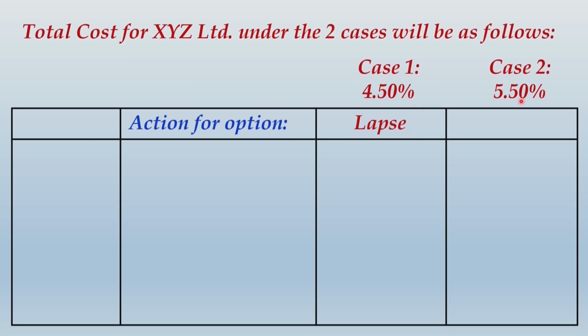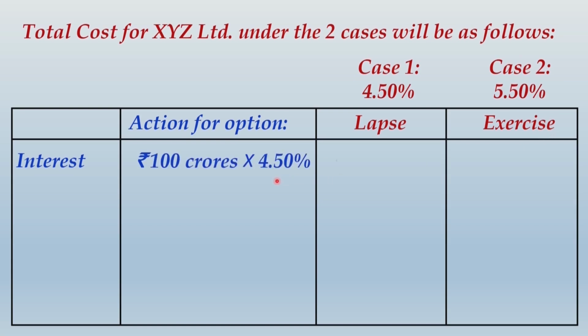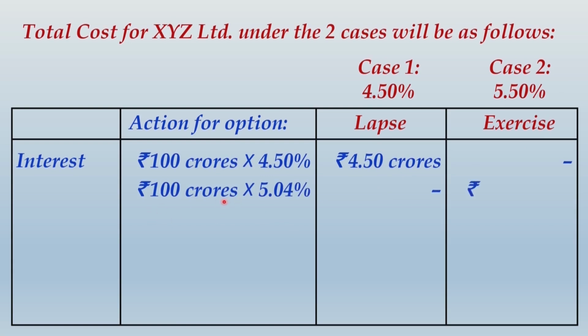What happens when it is case 2? Obviously you would exercise the option and borrow money not at 5.5% but at 5.04%. So here the option will be exercised. Let us compute the interest on 100 crores. In the first case it will be at 4.5%. In the second case it will be not at 5.5% but at 5.04%.